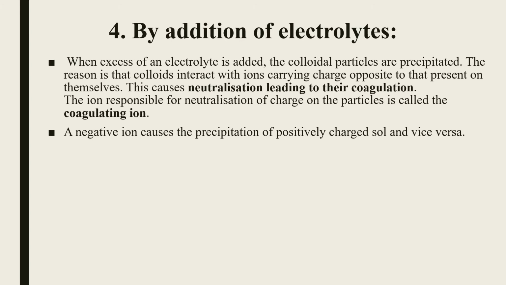Similarly, if we have a negative colloidal sol and we are adding an electrolyte, then the positive part of the electrolyte will get attached to the negatively charged sol, and both charges get neutralized, and after neutralization the coagulation will occur. So the ions which are responsible for the neutralization are known as coagulating ions.